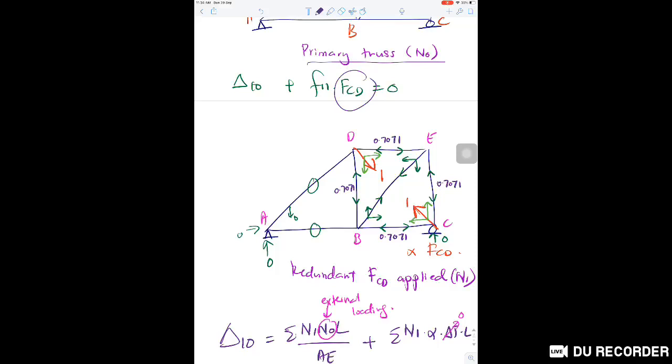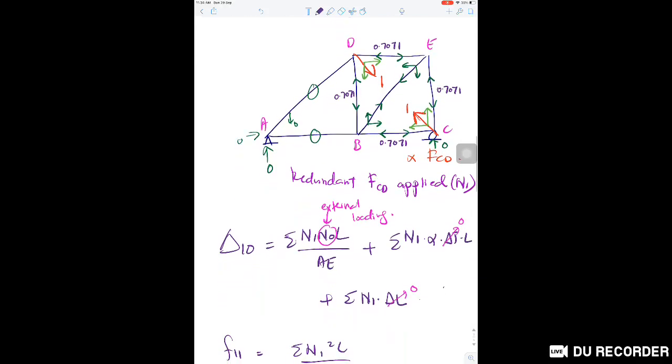So what we need to do is apply a unit value of FCD like this, and then balance all the joints, and after that use trigonometry and interpolation to determine the horizontal value and vertical value, like what I have shown to you just now. After that, this is N1.